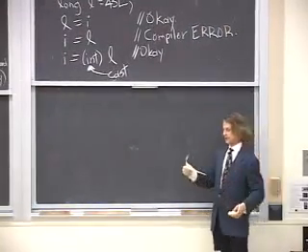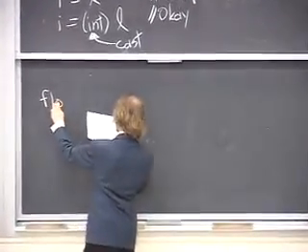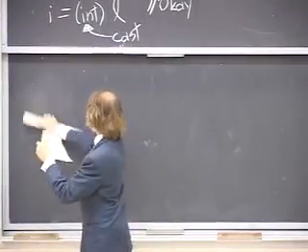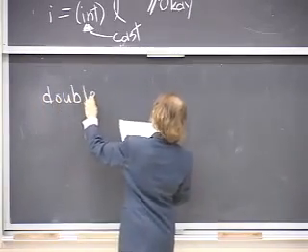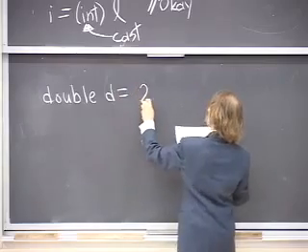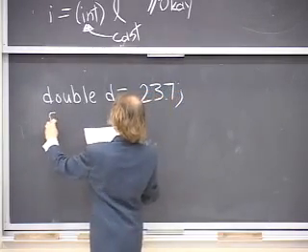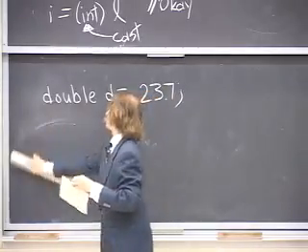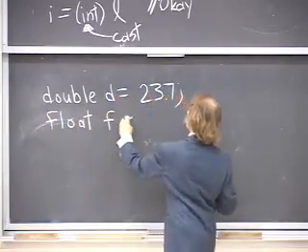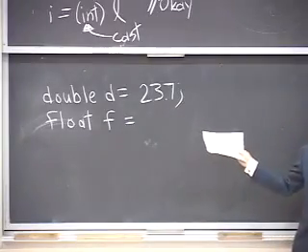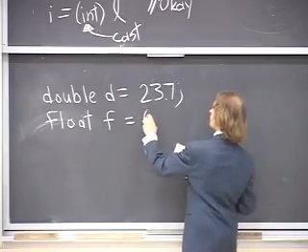And so there's a similar thing where if I have a floating point number, well, if I have a double number and I want to store it in a floating point, then I have to cast it, because I've got to tell Java, okay, I'm giving up digits, but I know what I'm doing.